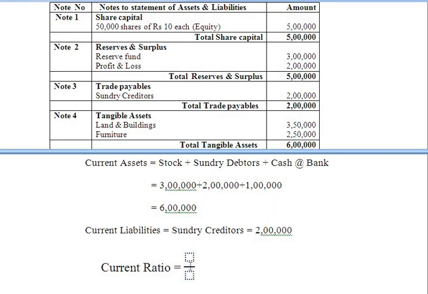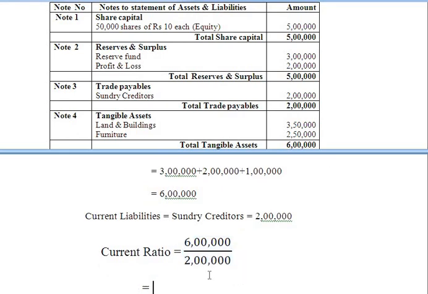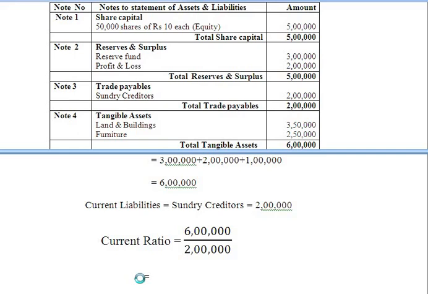So 6 lakh divided by 2 lakh is equal to how much? As I said, current ratio will be expressed in the form of a pure ratio. So 3:1. Write 3:1 or else 3 times.